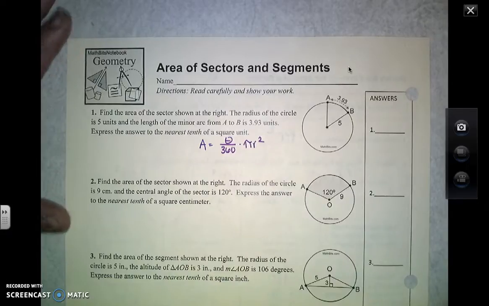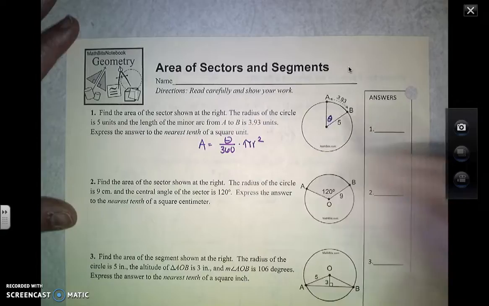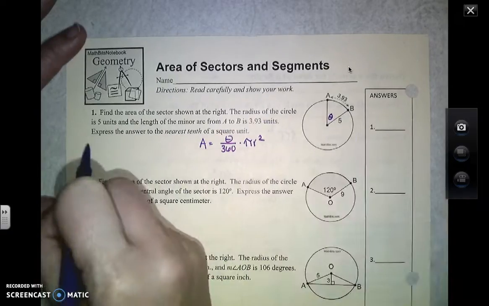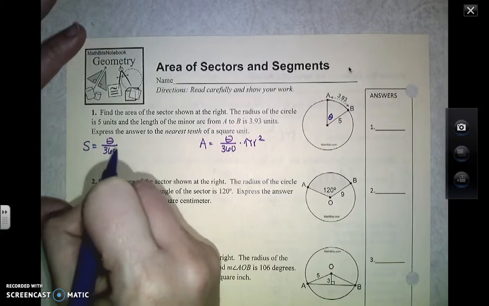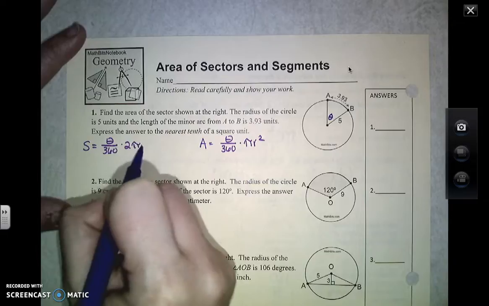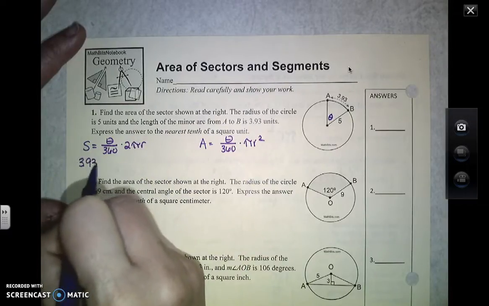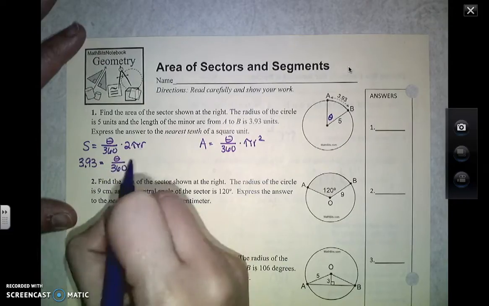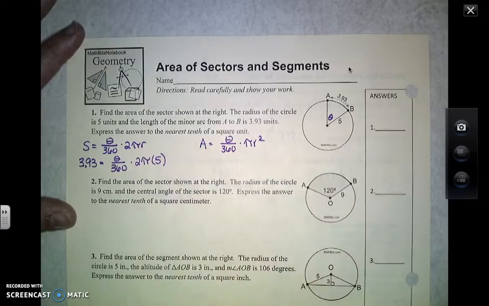We know the radius, but we don't know the central angle. So we're going to have to find the central angle by using the fact that we know the arc length. So back to our arc length formula, theta over 360 times 2 pi r. Now we know that the arc length is 3.93, and that's theta over 360 times 2 times pi times 5, which is the radius.